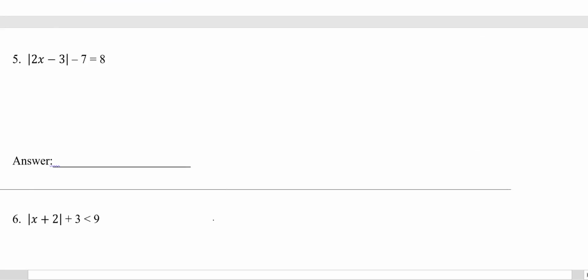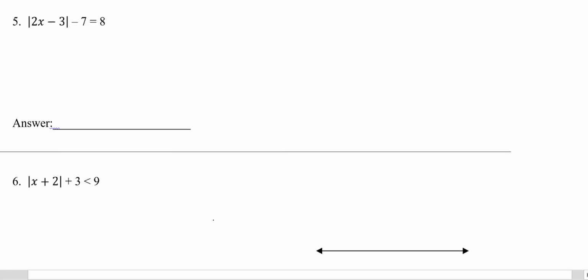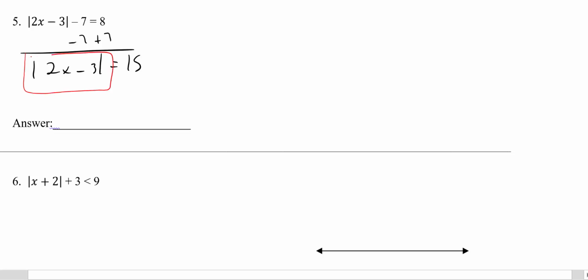Okay, number 5. It's an equal sign with an absolute value. So we're going to add 7 to both sides. So absolute value of 2x minus 3 equals 15. Now it's isolated, right? This is all by itself. So you set that equal to positive and negative 15.